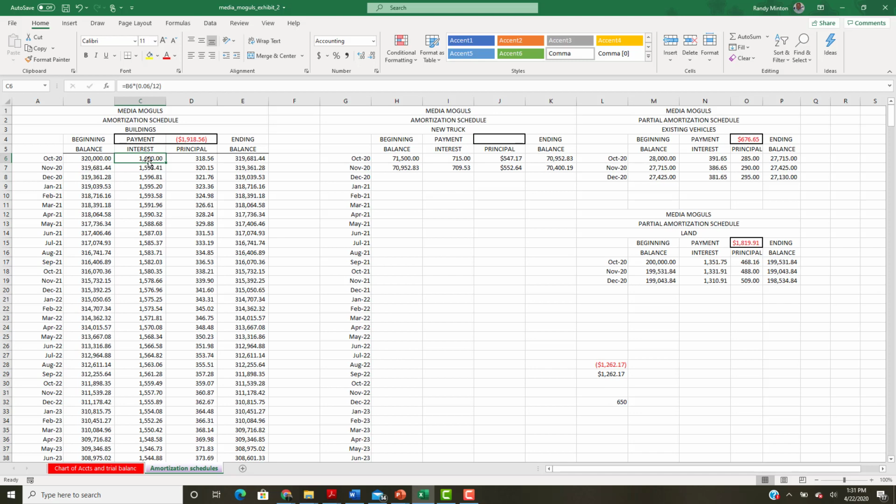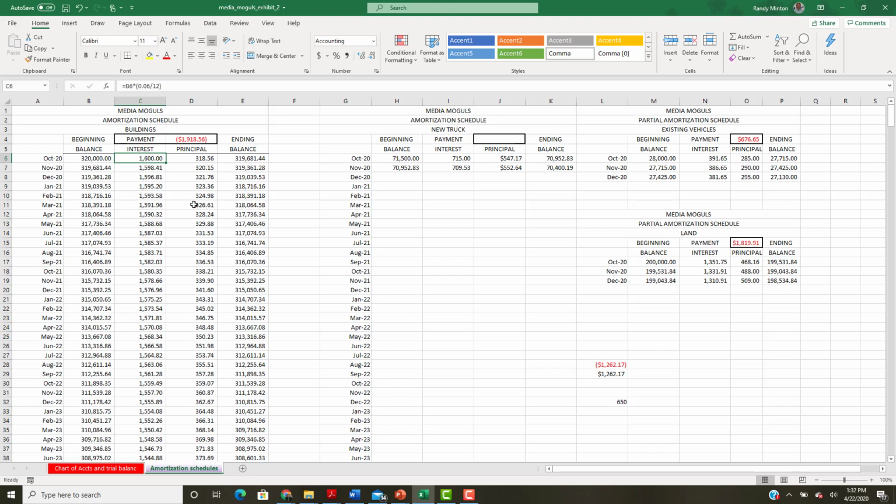If I look at this number, I can tell right away that 1600 plus 318.56 is 1918.56. And if I add any of these two numbers together, I'm always going to get this 1918.56. What's going to change, though, is that every time your interest expense will change and your principal will change.